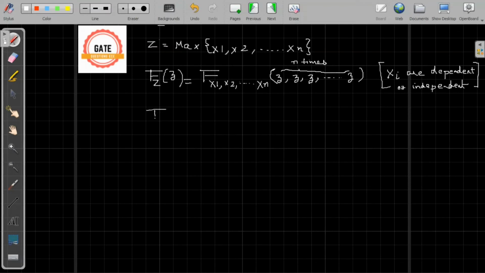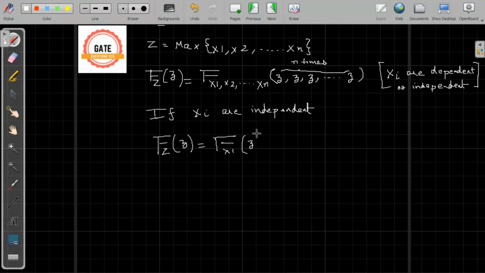So if Xi, where i varies from 1 to n, are mutually independent, then the CDF will be the product of the individual CDFs. So these two are the final conclusions.